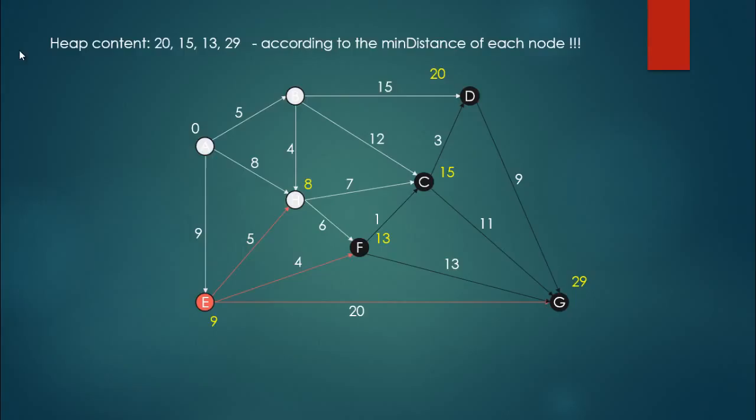We keep iterating again, and the next vertex is going to be F. Why F? Because F has the minimum value, and our heap is going to store these, and we can get the minimum value.